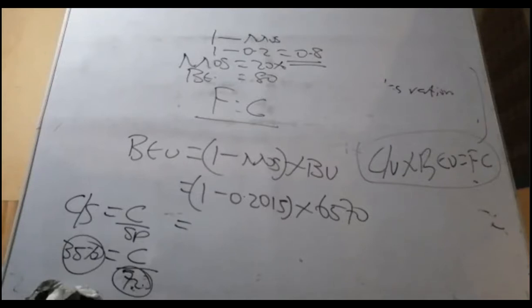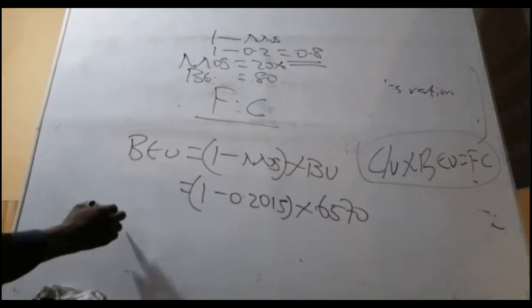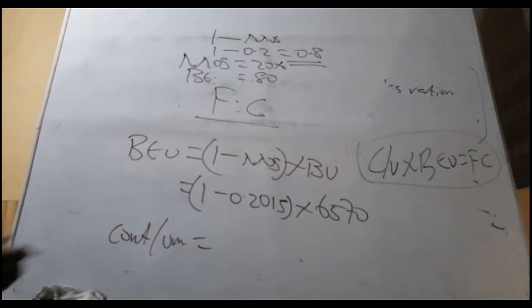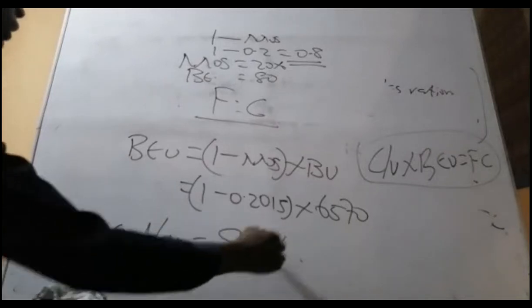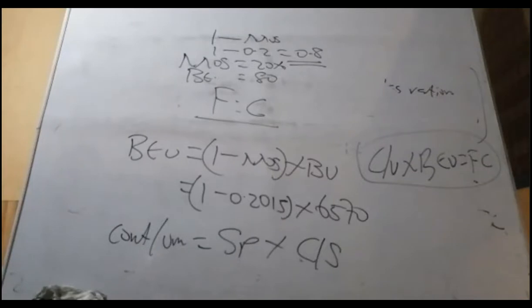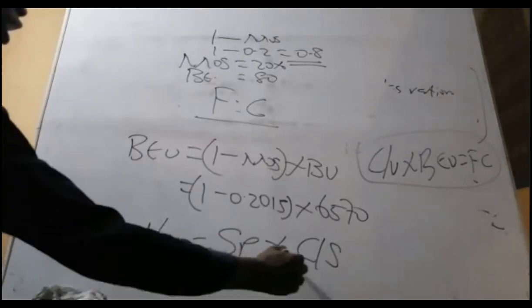Contribution per unit. So the contribution per unit is equal to the selling price times the CS ratio. That is all. Which is equal to 72 times 35%.